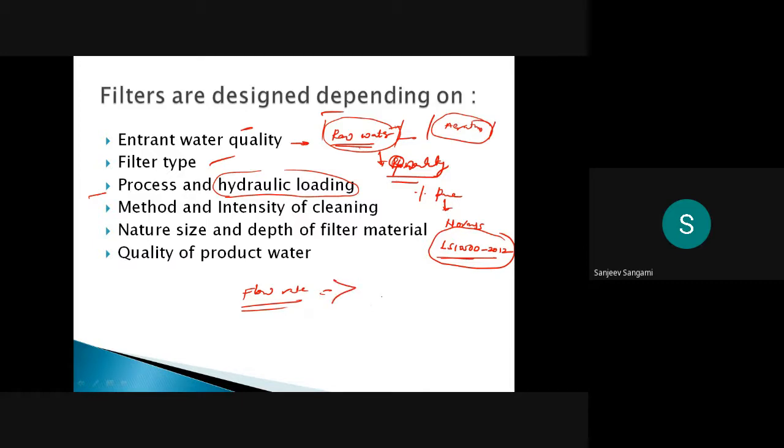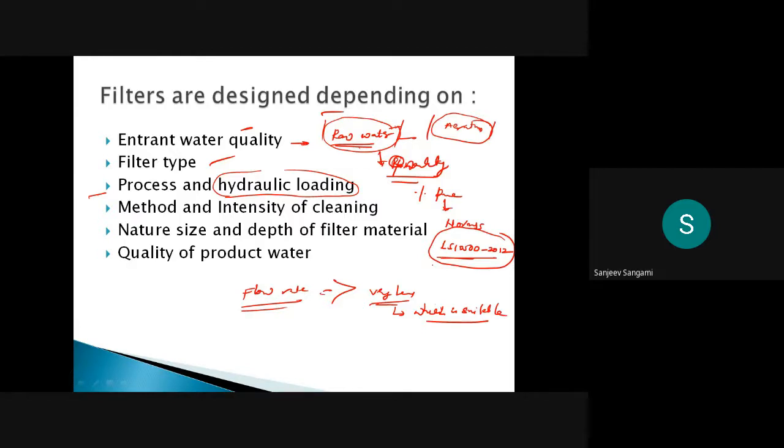That depends. Suppose your expectation is very less, which one is suitable? If you are expecting more, or if the demand of water is more, then what kind of filter you have to design?